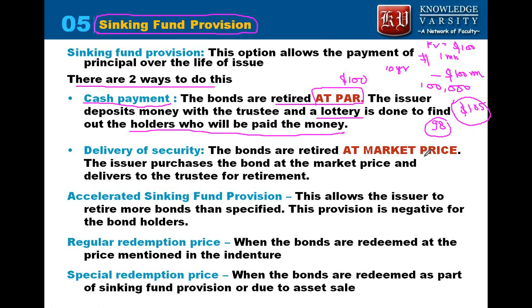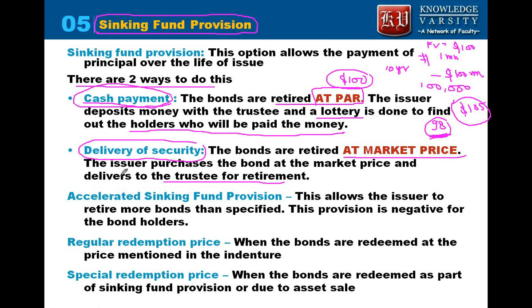When the market price is 98, what he will do is purchase the bonds at the market price of 98 and deliver the securities to the trustee for retirement. In this case the bond holders are getting the fair value, whatever is there in the market, but in the first case they are getting a lesser value than the fair value of 105. So the cash payment is a disadvantage to the bond holders.